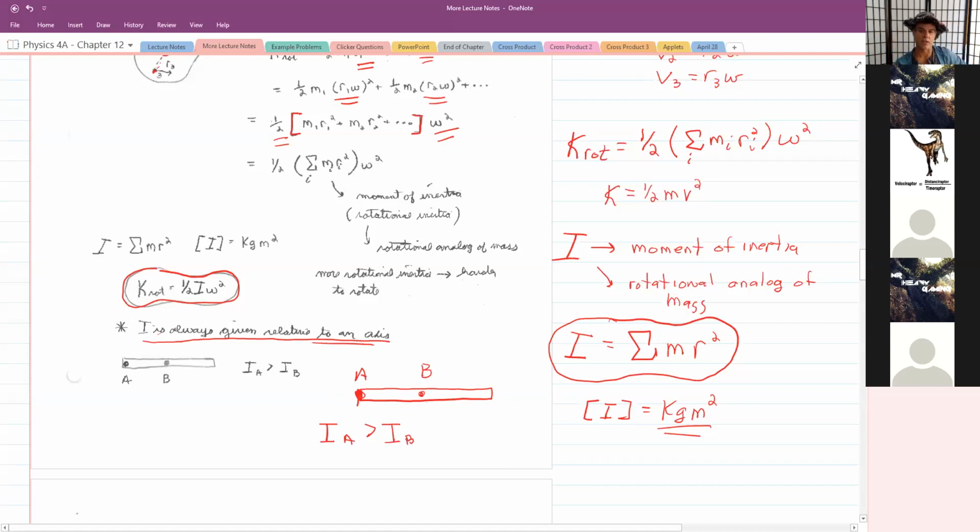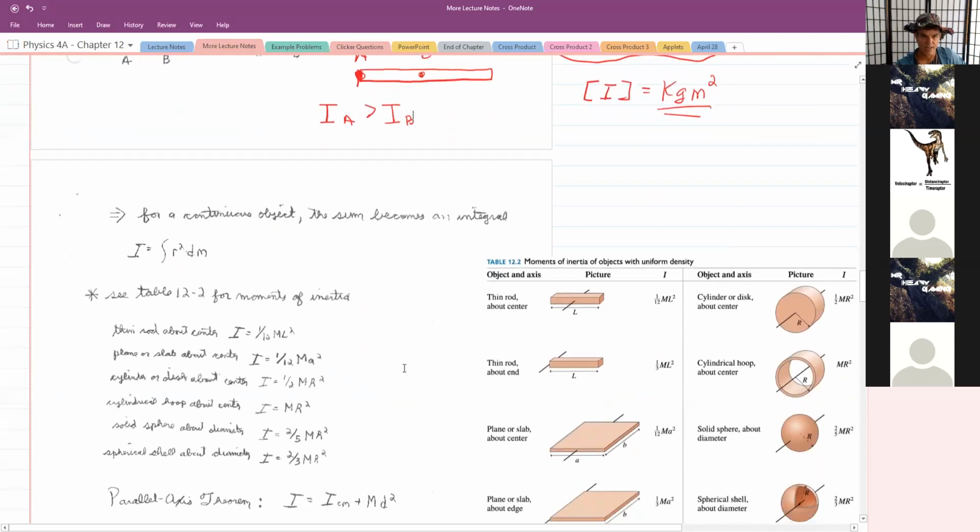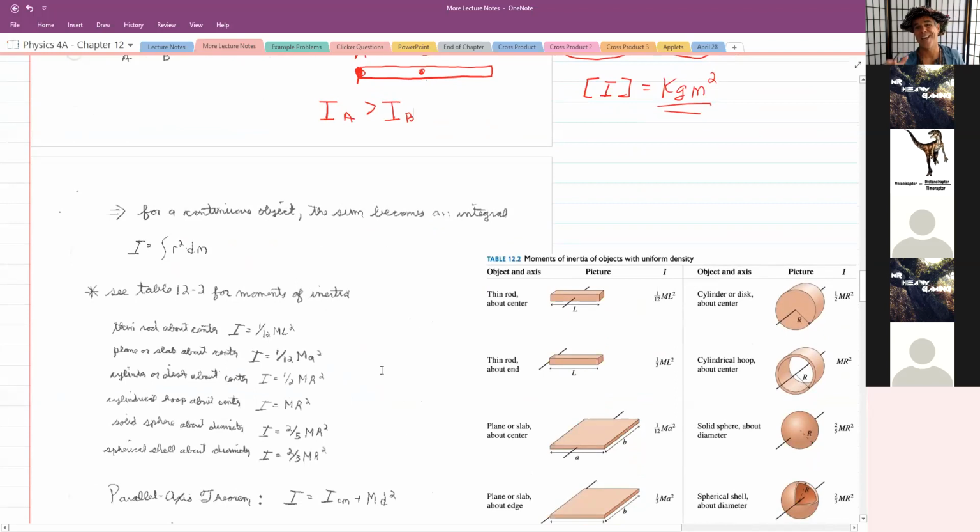That's if I have a collection of objects. Now, in reality, if I had a solid object, you would never in your right mind do a sum over billions and billions of particles that make up an object. What I do is this sum of mr squared becomes an integral, the integral of r squared dm.